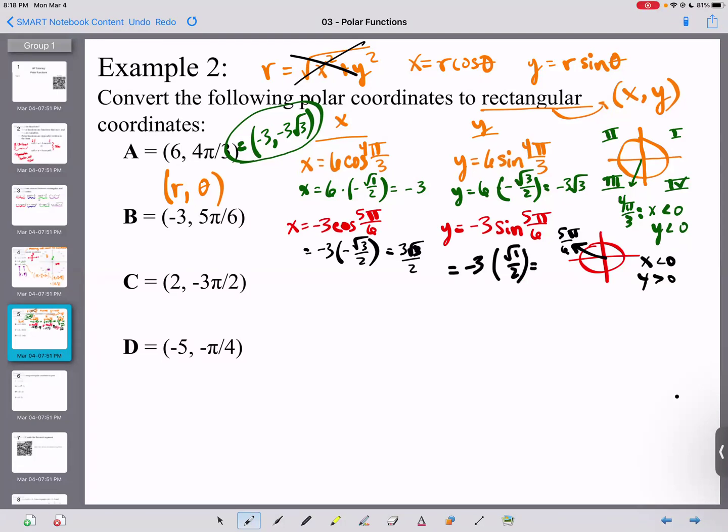And so that would reduce to be negative 3 over 2. And so my point on this one is equal to 3 square root of 3 over 2, comma, negative 3/2. That would be point B.